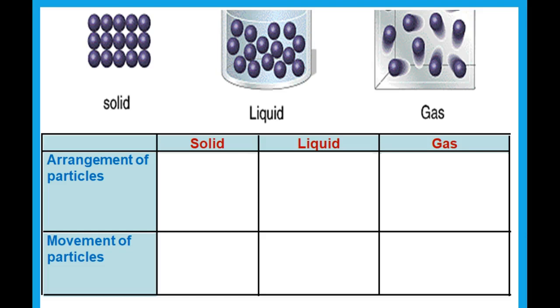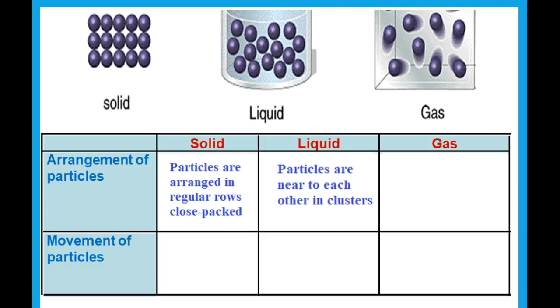So let's talk about the arrangement of particles in a solid. As you see from the diagram, solid particles are arranged in regular rows, close packed. Close packed means they're very near to each other. For a liquid, we always say the particles are near to each other in clusters.